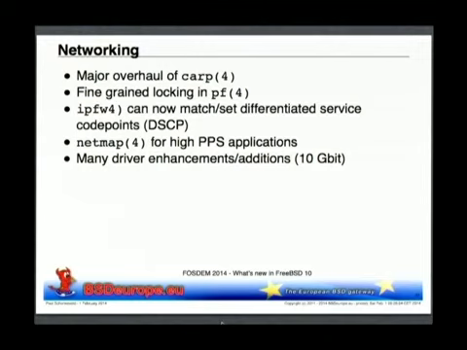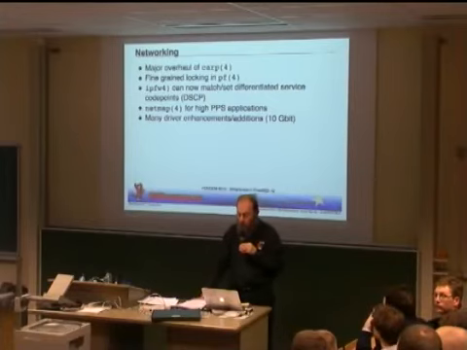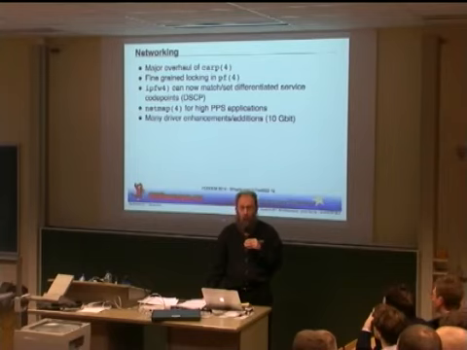It's much cleaner now. It supports a lot of new features that were very difficult to implement with the old CARP. One little feature, load balancing, is not present at the moment. I believe it's being worked on, but for doing high availability computing or firewalling, this is very good news.